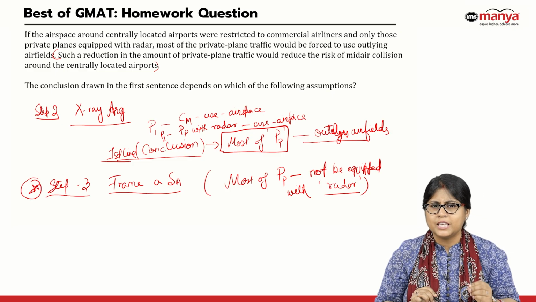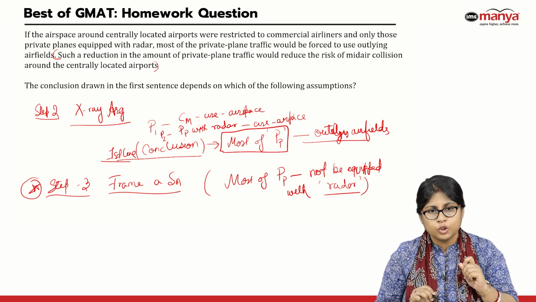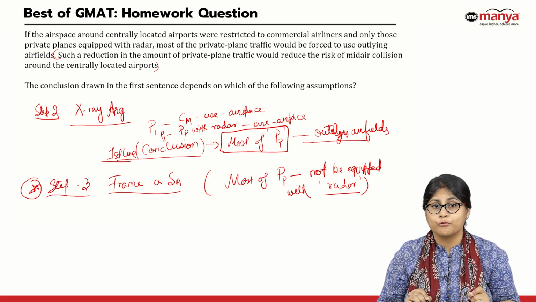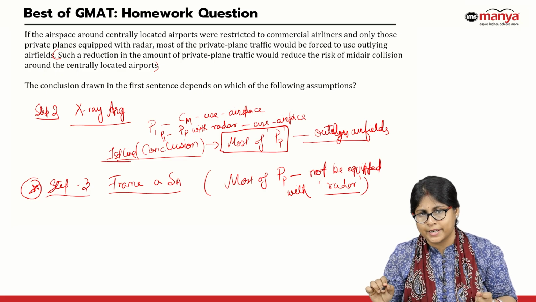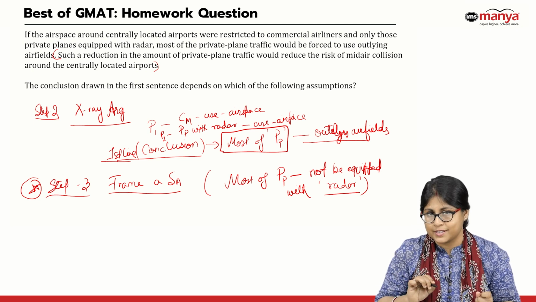Now again, in case you're not able to frame this shadow answer, you should look for eliminating options which don't really tell you about most of the private airplanes. What exactly is the reason they are thrown outside? Why will they not be able to use the inner circle or the inner airspace?